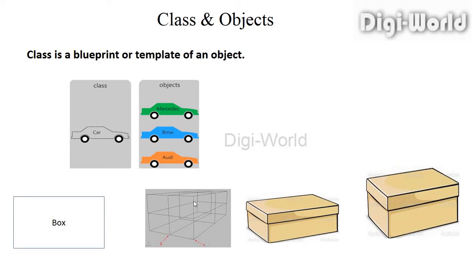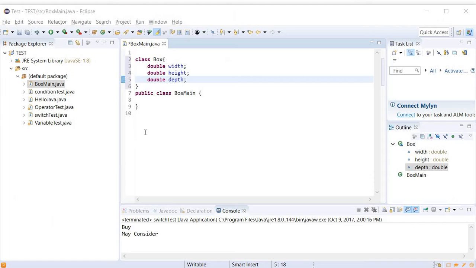So this is just a blueprint, okay? And we don't know what will be the shape of the box. This is just a blueprint, right? So writing this much code has just created a blueprint of the box.